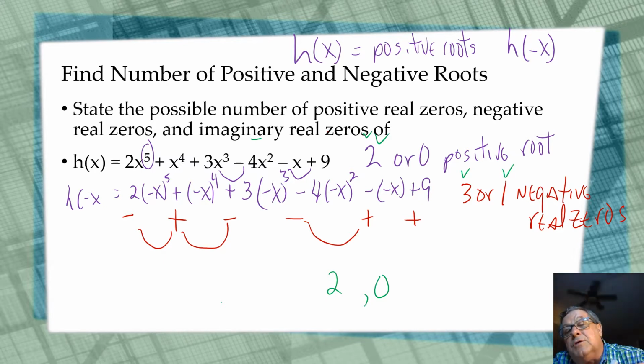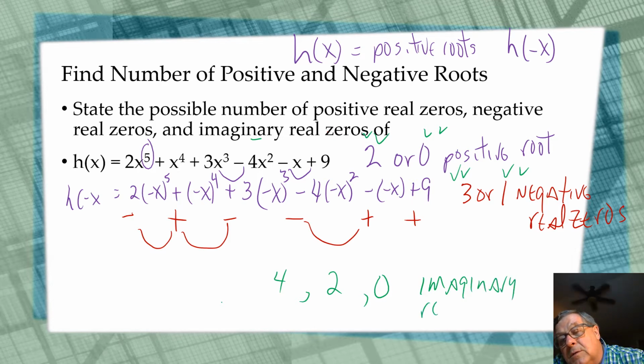And if I had 3 negative and no positives, then I would have 2 imaginary. But what if I only had just 1 negative and no positive? And I've got to have 5 zeros. How many imaginary could I have? 4. So I can have 4, or I may have 2, or I may have 0 imaginary zeros.